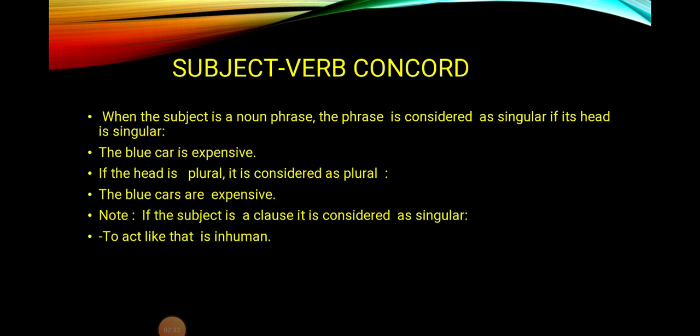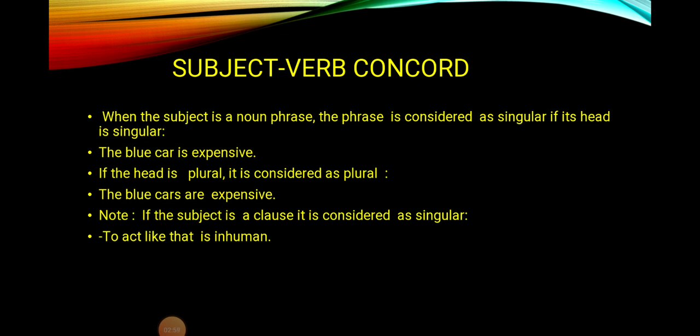The blue car is expensive. Here, the subject is a noun phrase, the blue car. So we look at the head of this noun phrase, which is here the noun car, which is singular. And that's why we use the verb is, which is used with the singular subjects.